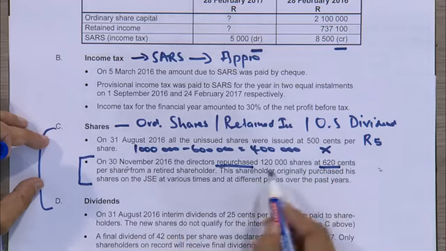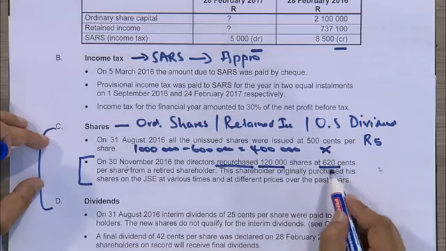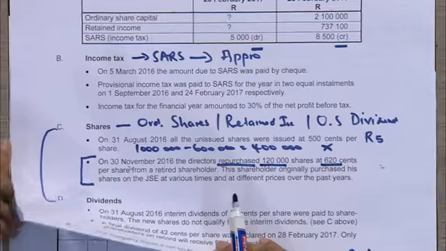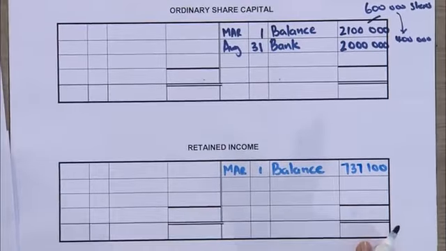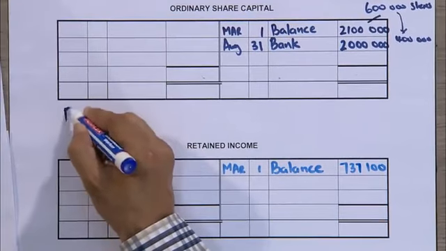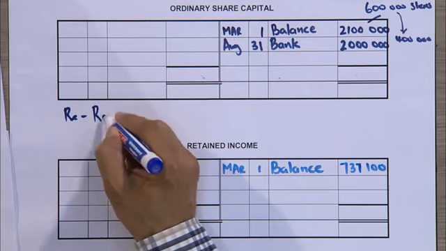All you have to remember is that you're going to buy back 120,000 shares at 6 rand 20. So what's happening here, grade 12, is the repurchase is at 6 rand 20.